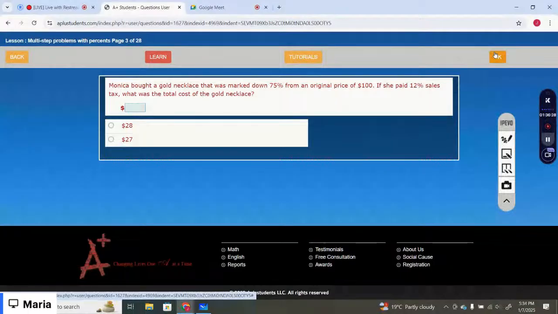Marked down 75% from the original price 100. So 75% marked down means 25, right?